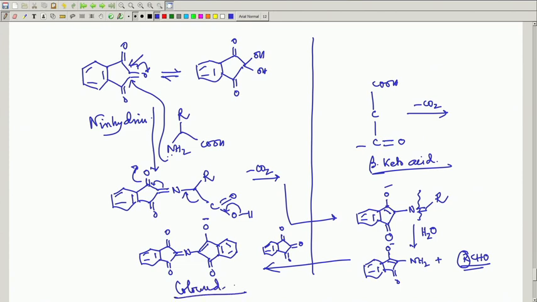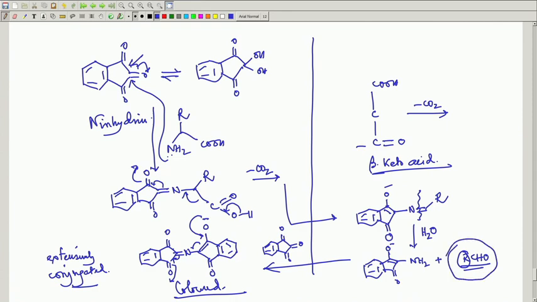Why is it colored? Because you see the extensive conjugation here, this comes here, that goes there, that can go there, that can come there. So, it is an extensively conjugated system. That is why you see the color, and why you see the same color for all amino acids, because ultimately the color is not due to the R group.